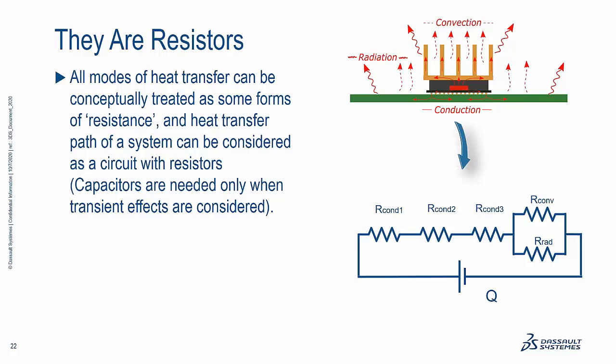So if we take a look at this typical electronics, the heat is generated in the die, and through the resistor, by conduction, it goes to the chip surface and migrates to the heat sink. On the other path, it will go to the PCB board down below, and the heat will go to the air by natural convection if there's no other cooling mechanism there, and will radiate to the environment.